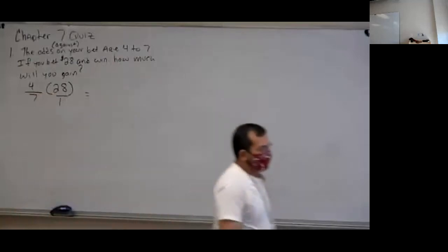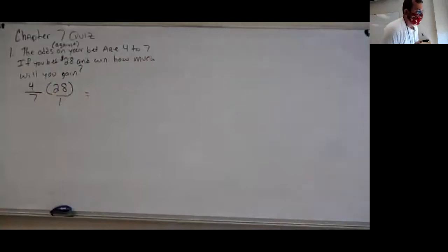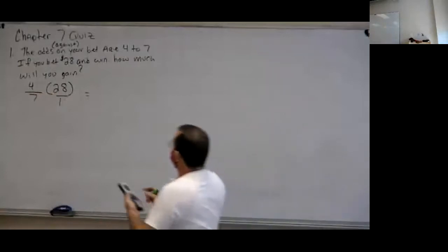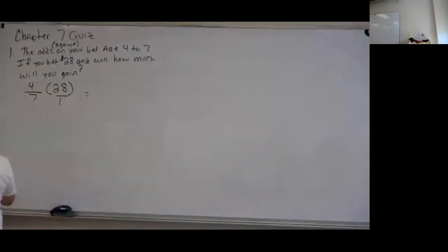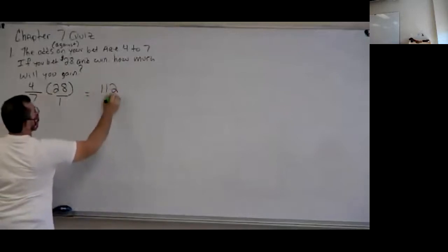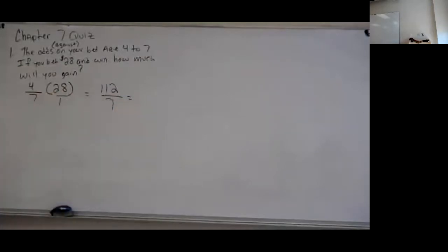So let me see what I get on that. Whoops, don't want the phone to do it, I want the calculator. So 4 times 28 on top gives you 112. Oh, 157? 156. Huh? I thought you had to multiply both of them. 4 times 28? 28 times 7. Do you have to do that? Oh, no, multiply straight across first.